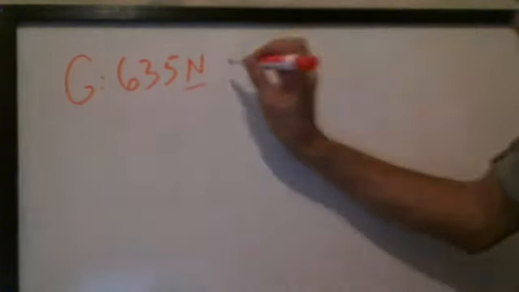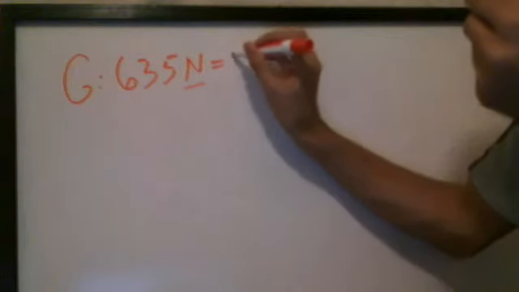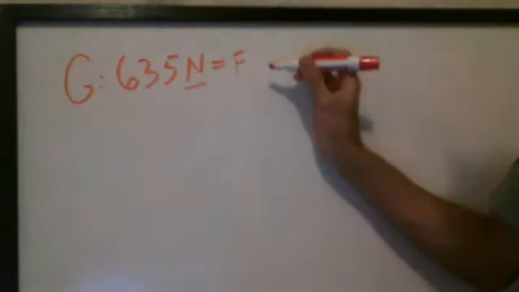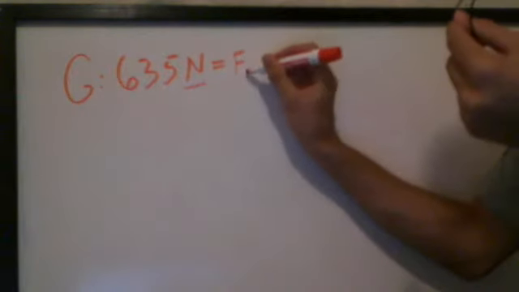It's acting a certain amount of force, because Newton always means force. So we're going to say the force applied by this weight, so I'm going to put force of, question mark for now. I will explain why later.